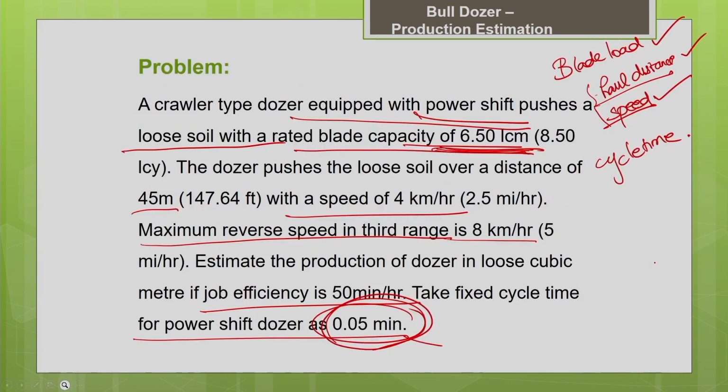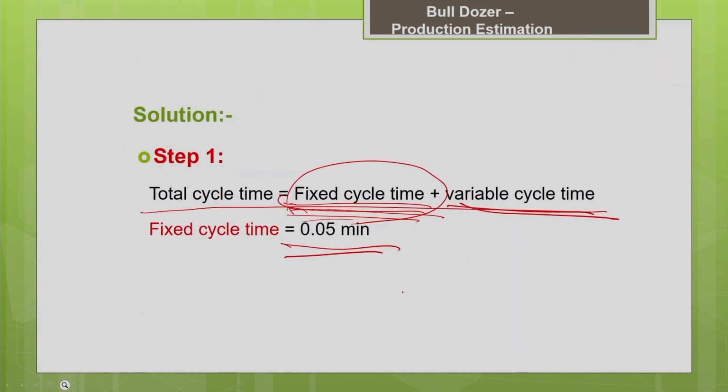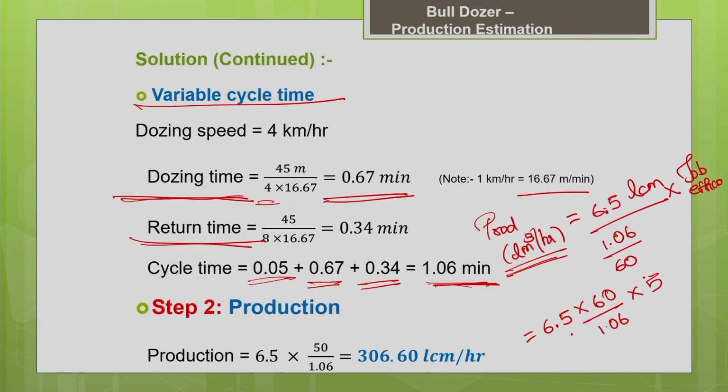It is given in the question that the job efficiency is 50 minutes per hour, so it is 50 by 60. So you can get the answer as 306.60 loose meter cube per hour. So this is your final productivity. This is one way of estimation. Depending upon the input data, accordingly you can choose the approach.